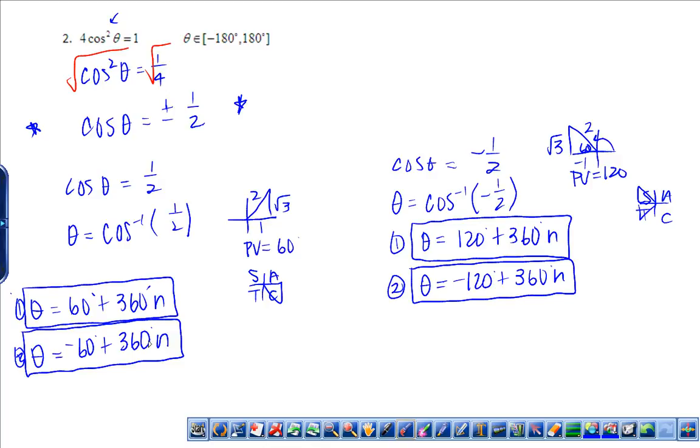Okay, so between these four general solutions, I want answers that fall between -180 and 180. So that's going to be -120 degrees, -60, +60, and +120 degrees.